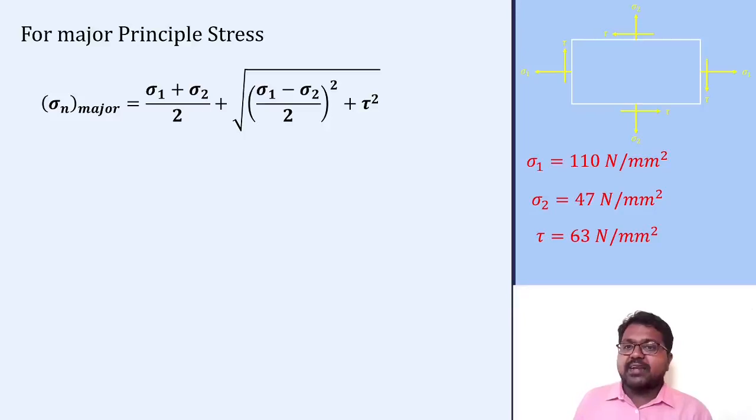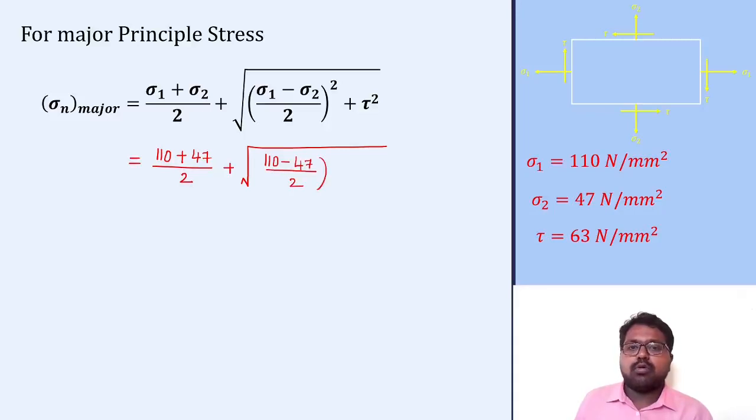Here I am directly placing the values: (110 plus 47) by 2 plus under the root of ((110 minus 47) by 2) whole square plus 63 whole square.